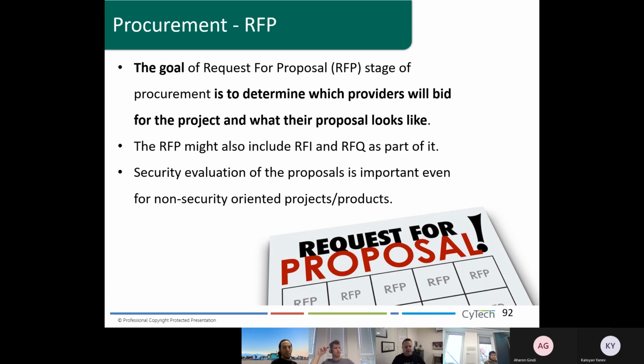And again, for the same reason, Valentino, we don't want to share too much information with the outside world, because RFI and RFP are public by nature, are public processes. They can probably expose a lot more information than what we wanted to if we're not part of the process.